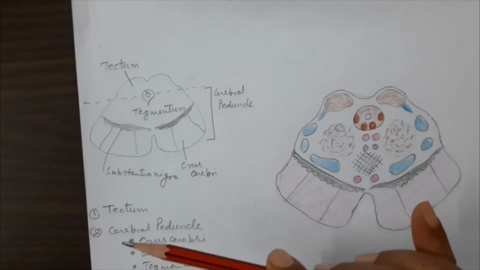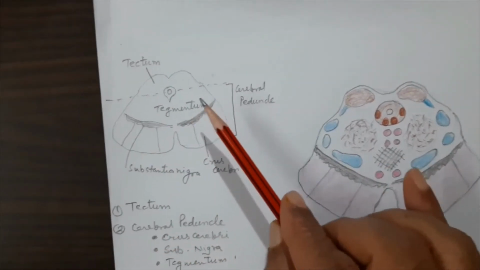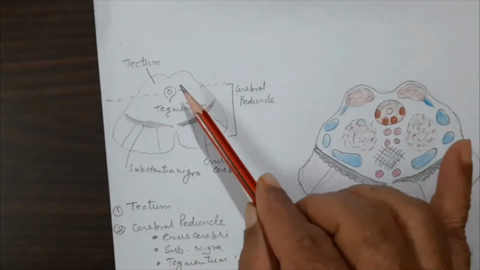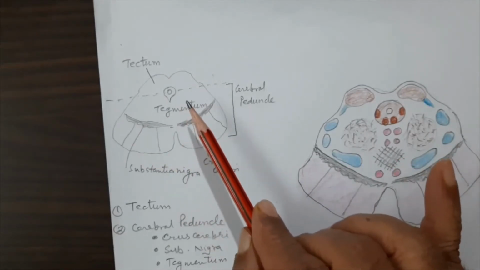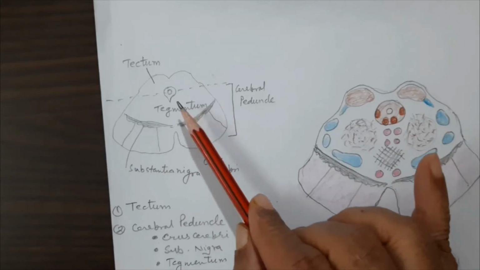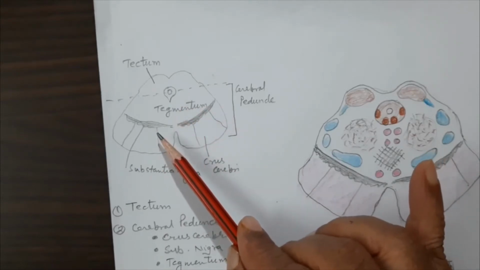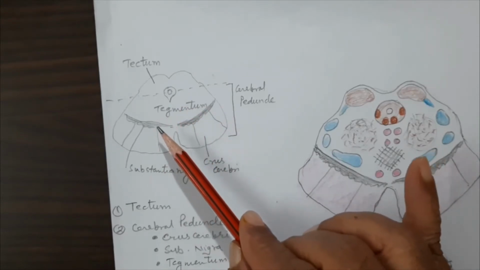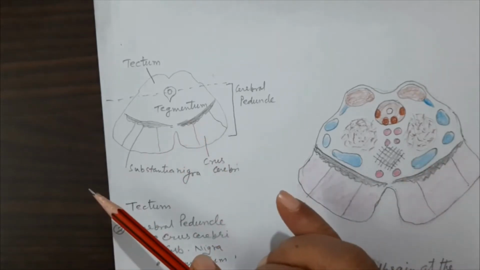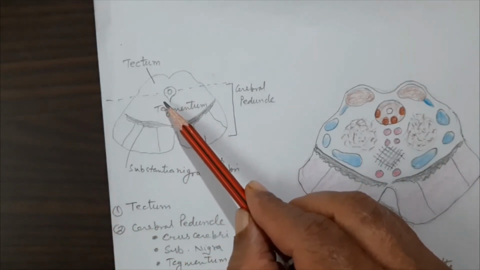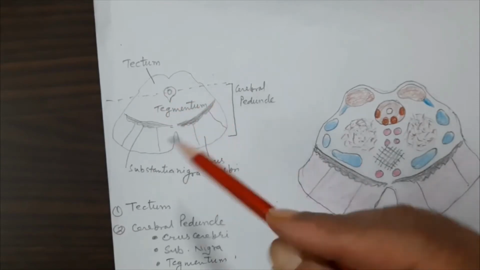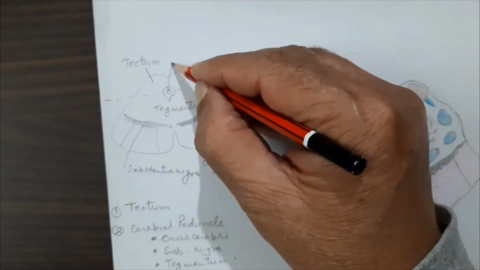Now to understand the internal structure of the midbrain, we will take a cross section or a transverse section passing through the midbrain, and then we can see that this cross section is divided into many parts. But the striking feature in this cross section is the presence of the central canal surrounded by the gray matter.